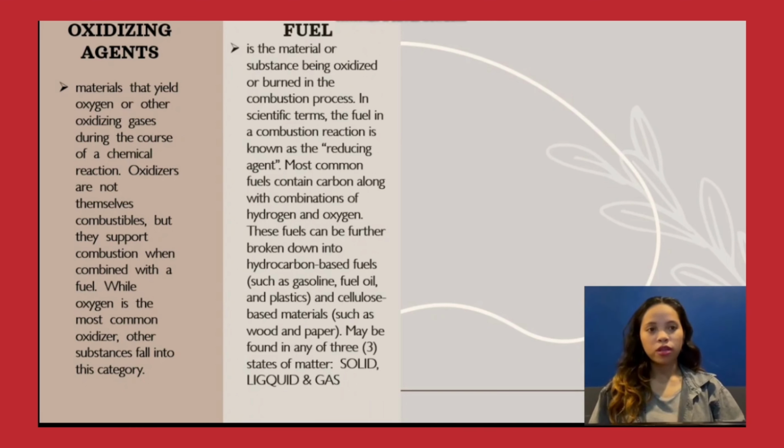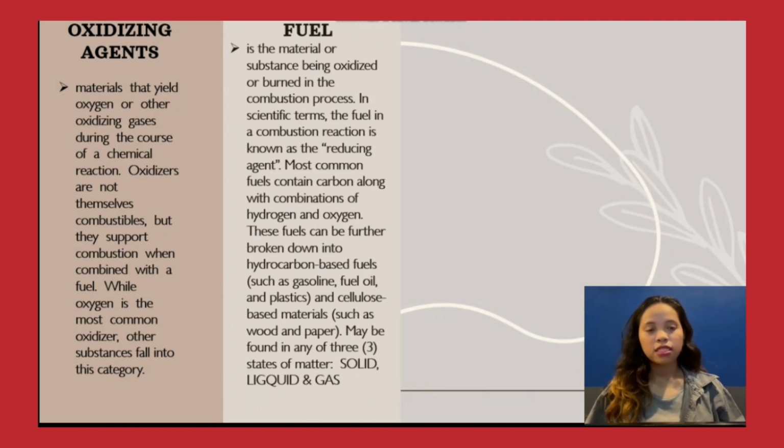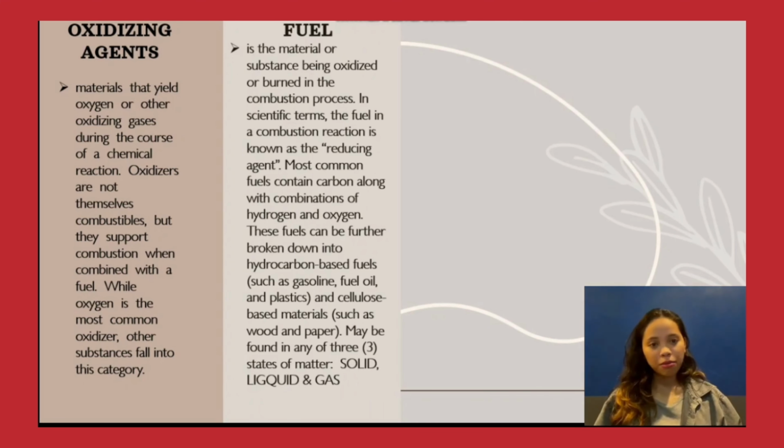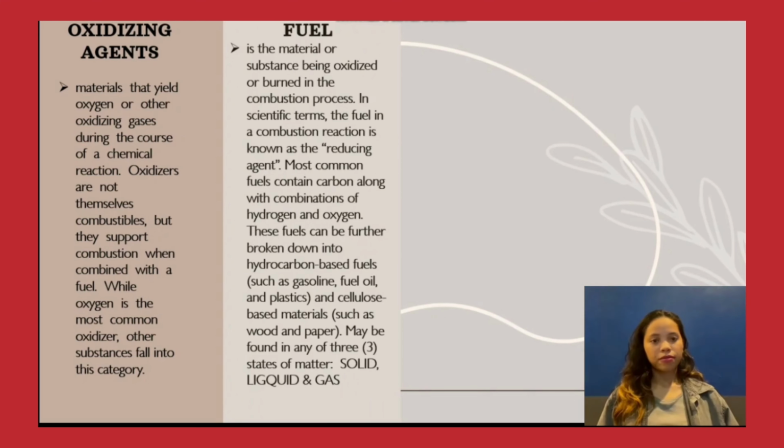Most common fuels contain carbon along with combinations of hydrogen and oxygen. These fuels can be further broken down into hydrocarbon-based fuels such as gasoline, fuel oil and plastics, and cellulose-based materials such as wood and paper. They may be found in any of three states of matter: solid fuel, liquid fuel, and gas fuel.